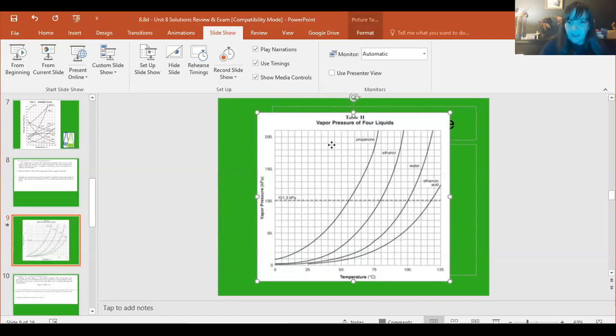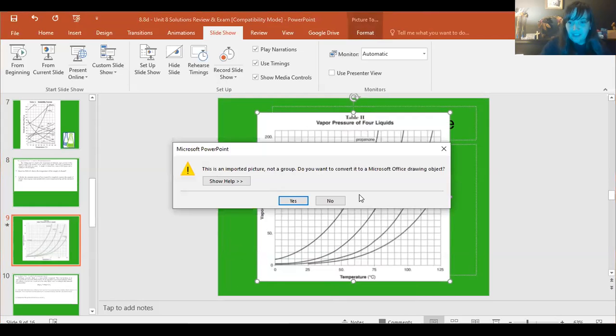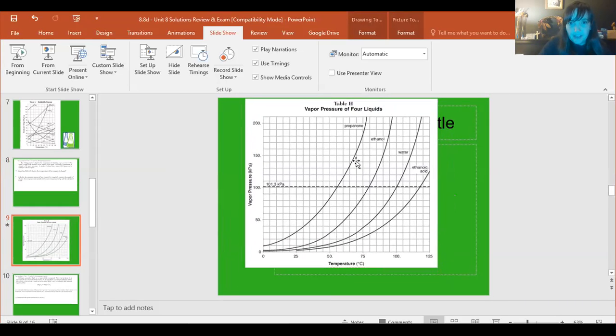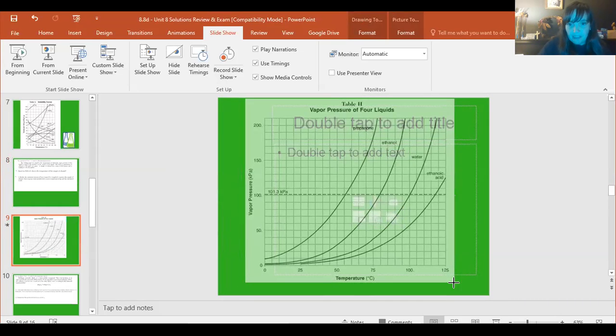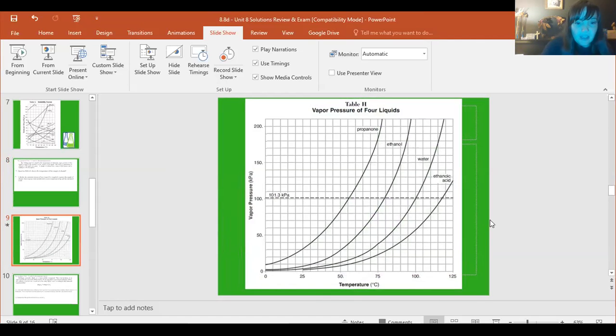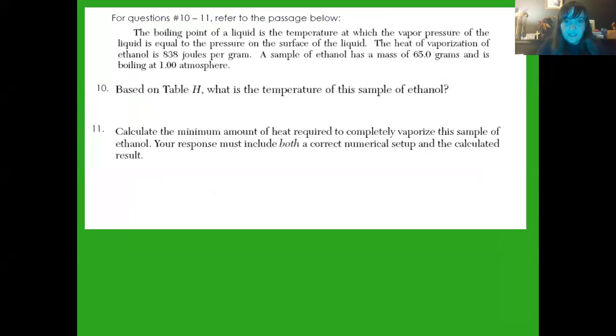Okay. So let's take a look at table H here and figure out how we can tell what the temperature is. All right, so it told us that the heat of vaporization is 838. That's not very helpful. It tells us the mass, that isn't helpful. But it tells us that it is boiling, and it tells us the atmospheric pressure.